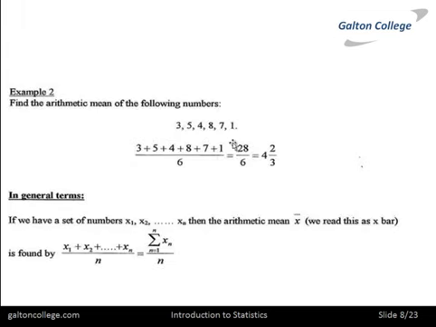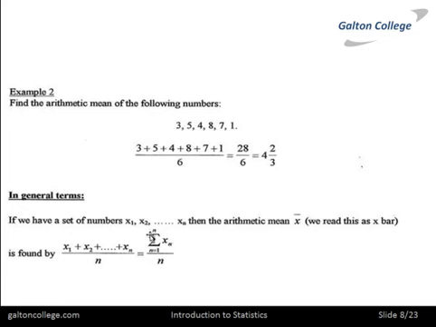Find the mean of that. You just simply write this down. Here there are 6 of them, so divide by 6, and it's 4 2/3. And in general, when you get a set of numbers, the arithmetic mean is normally written as x bar, and it's found as x1 plus up to xn divided by n, or if you like, just add it up.